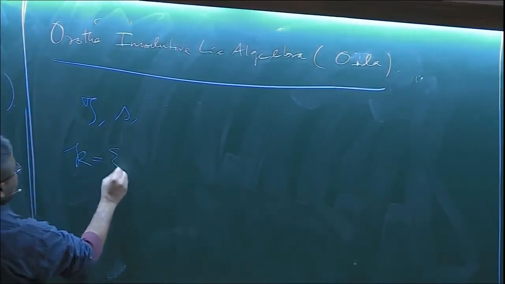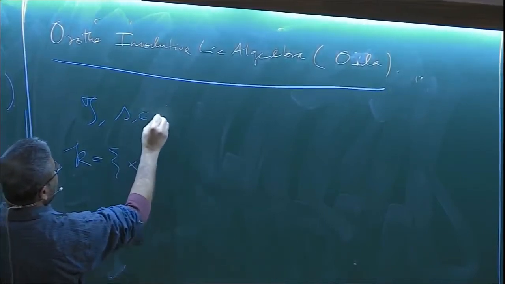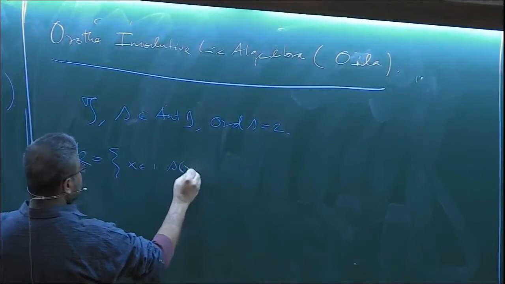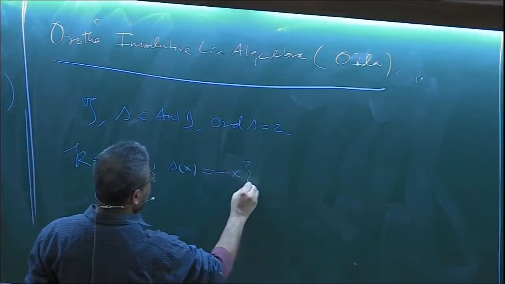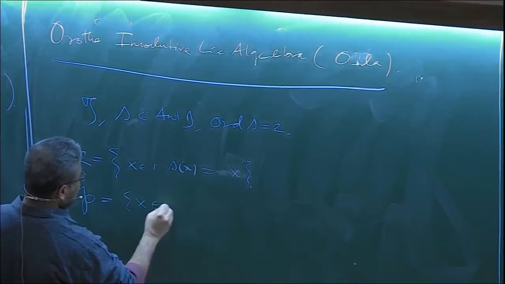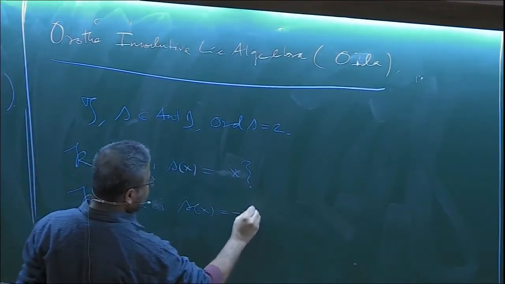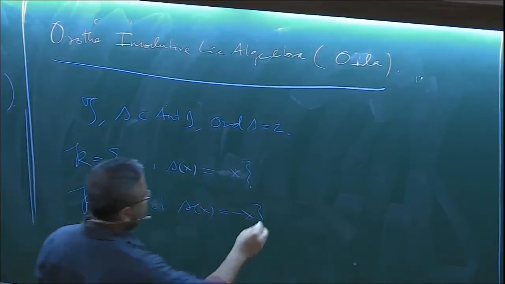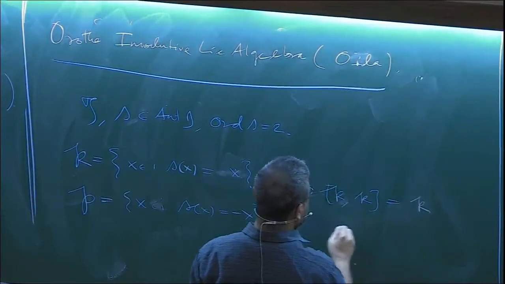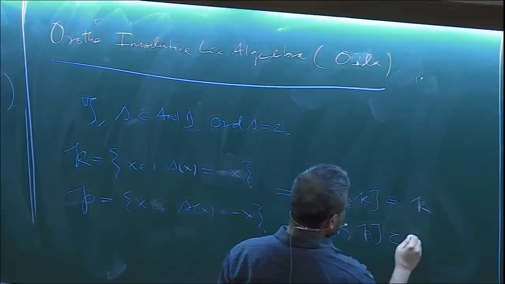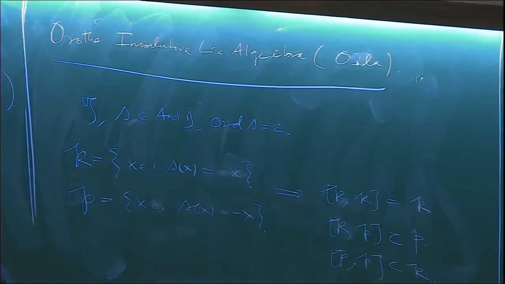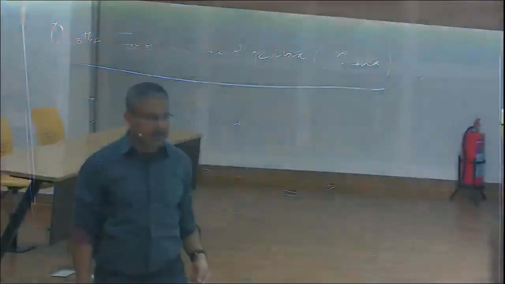K is the set of X in g such that sX is X, and P is the set of X such that sX is minus X. It is easy to check that K is a subalgebra, [K,K] is in K, [K,P] is in P, and [P,P] is in K. This is an easy fact to check using the fact that s is an automorphism of the Lie algebra.